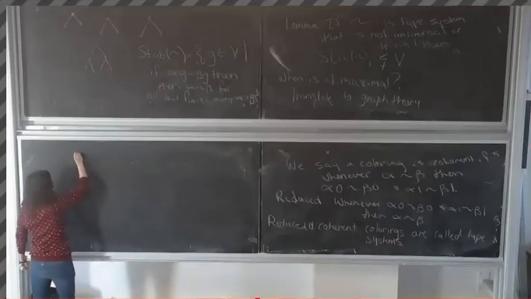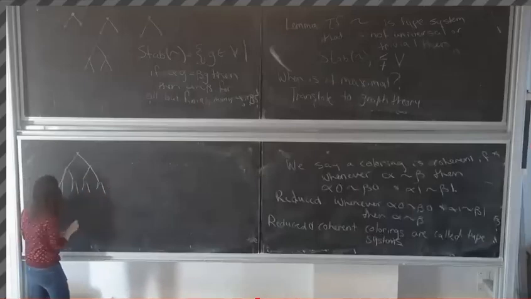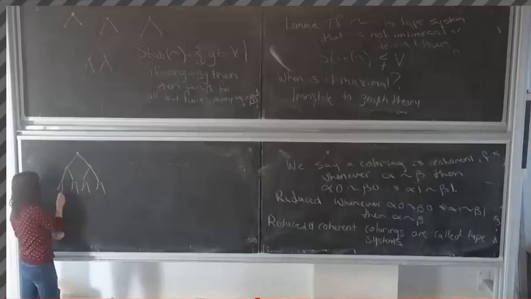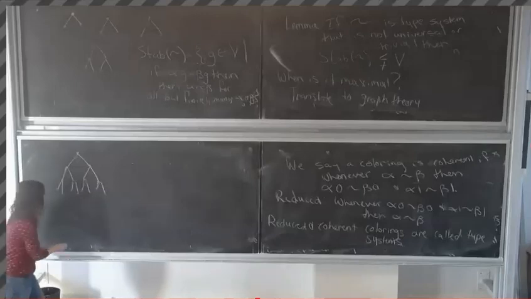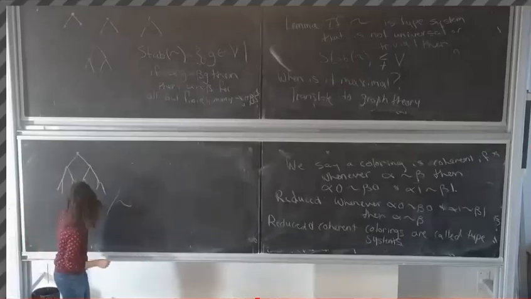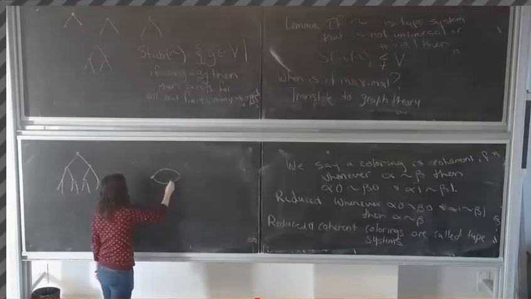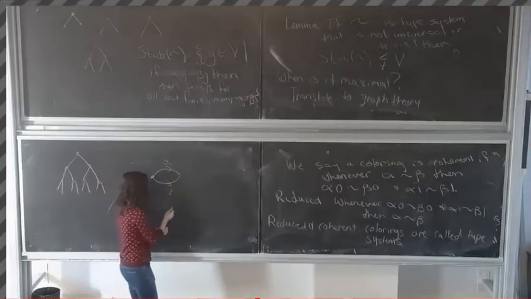For instance, take my tree and I'll color alternating levels red and green. The point is we're going to quotient out by this equivalence relation, and what this leaves us with is a starting vertex, and then if I read a 0 or a 1, I always go to a red vertex.